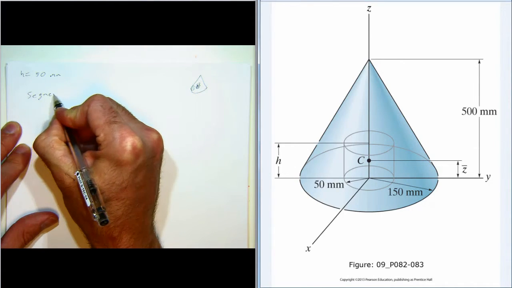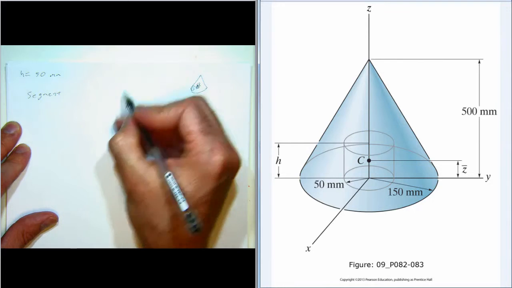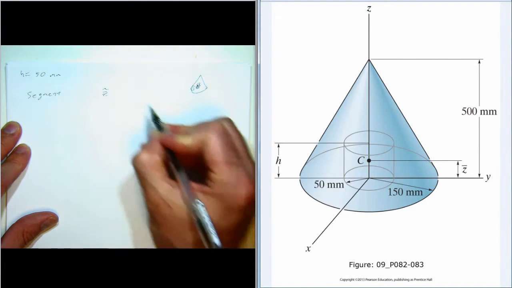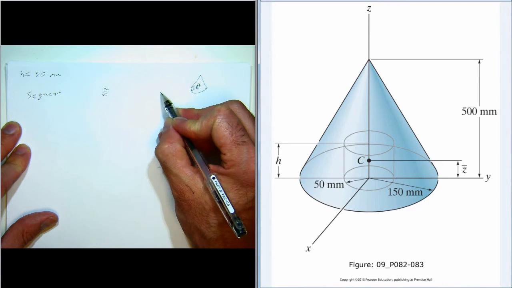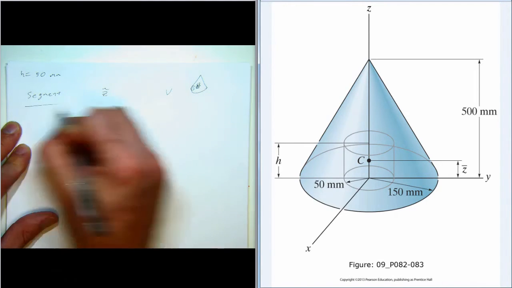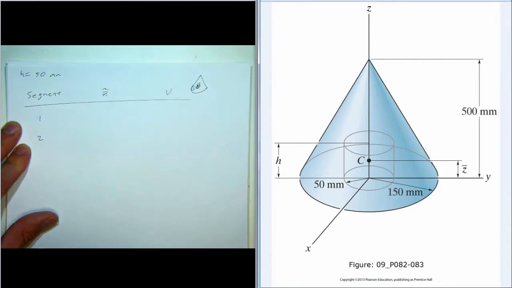So here's our little table. Segment, z tilde, the z coordinate for the centroid of the segment, and then the volume of the segment. So segment 1, segment 2.